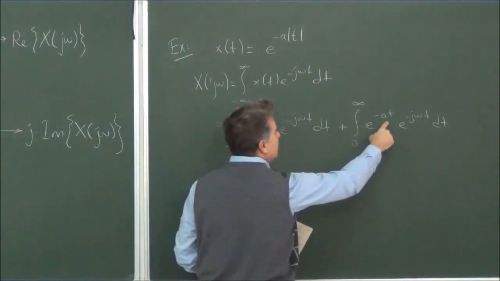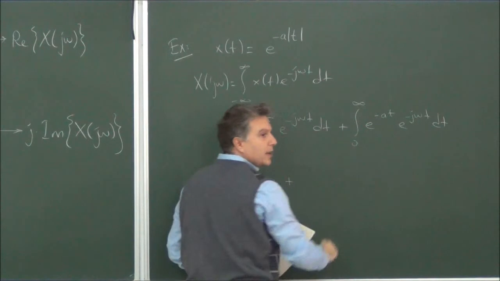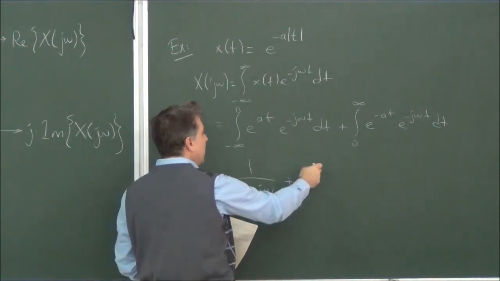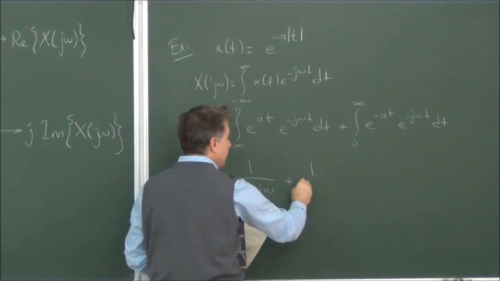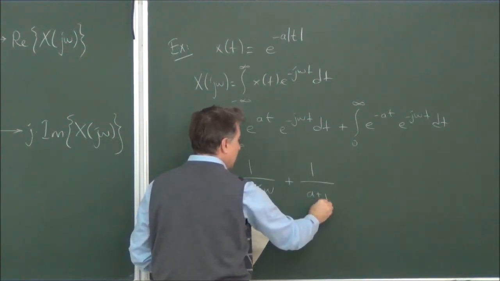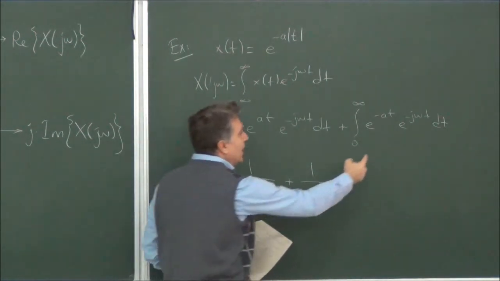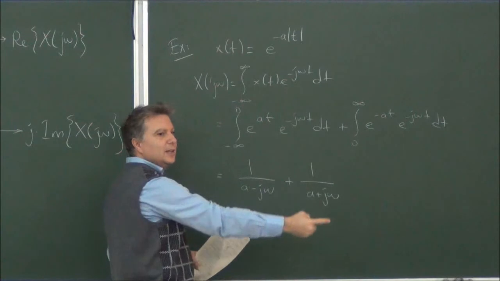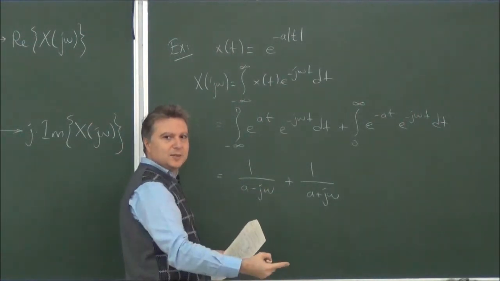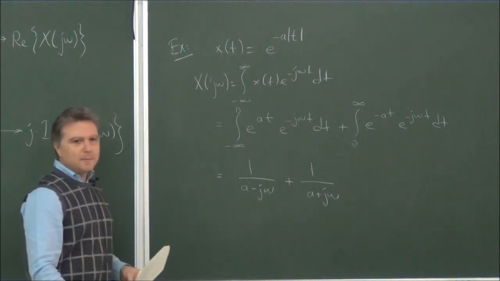And over here it will be e to the minus t parenthesis a plus j omega, so there will be a minus 1 over minus a plus j omega, and there will be a minus sign here. But after the evaluation from infinity to 0, it will be 0 and plus 1 in the two limits, so there will be another negation, and this minus will be cancelled.